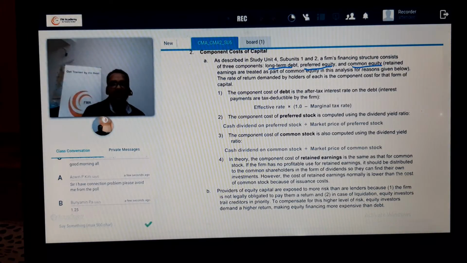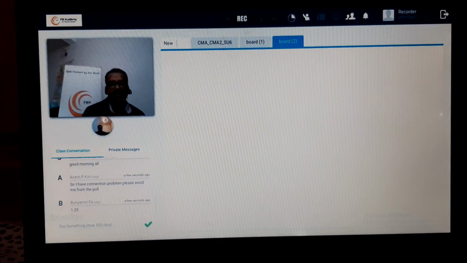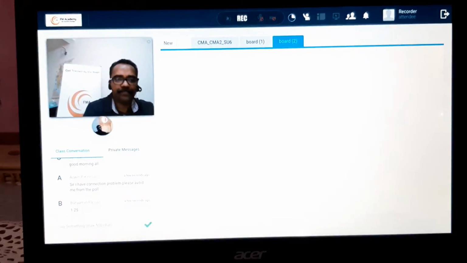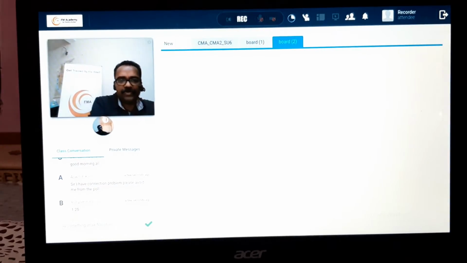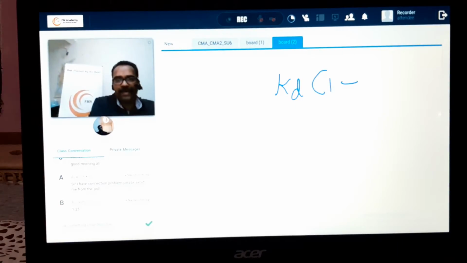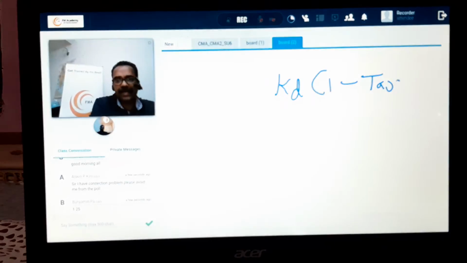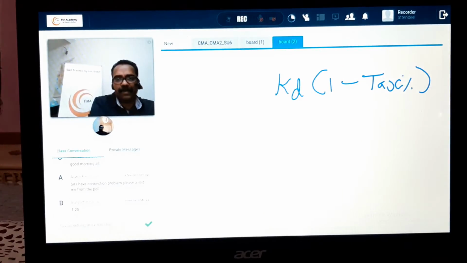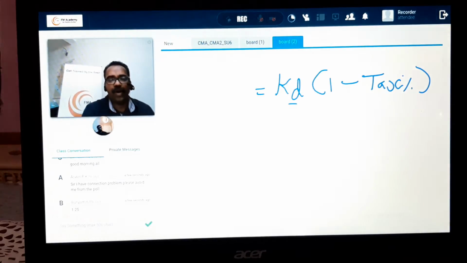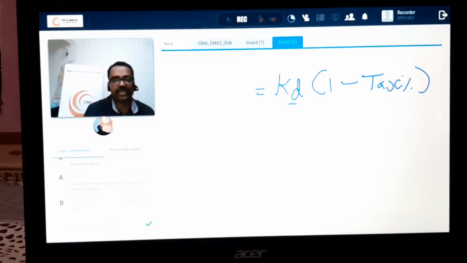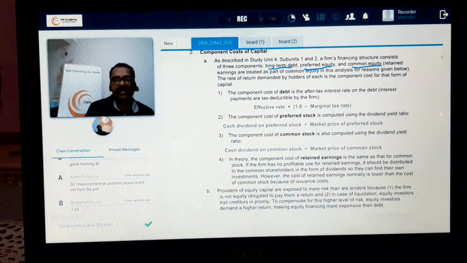Now what is the cost of capital of debt? Remember, debt has a particular feature. The interest expense is tax deductible. So if KD is the cost of debt, then KD into 1 minus tax rate is the cost of capital for debt. Let's say the interest rate into 1 minus tax rate, the effective rate.